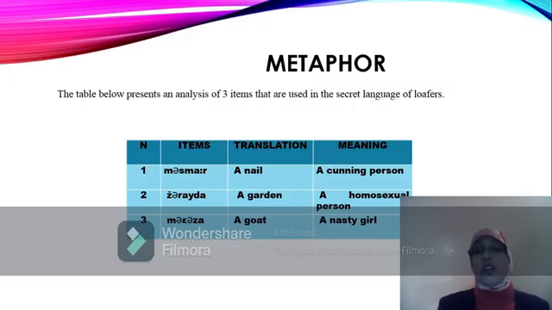The translation is a garden. The meaning is a homosexual person. Item number three, meza. The translation is a goat. The real meaning is a nasty girl. So you can see how metaphor combines objects and human characteristics.